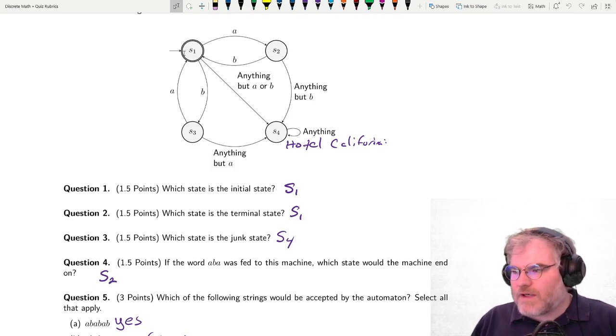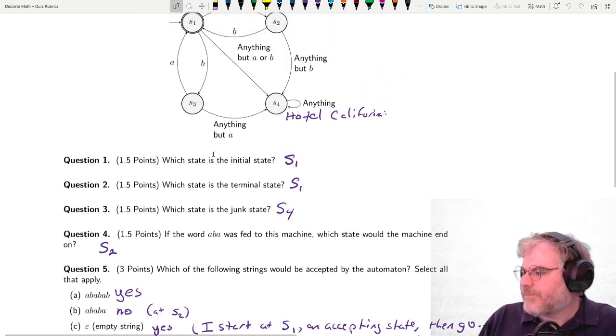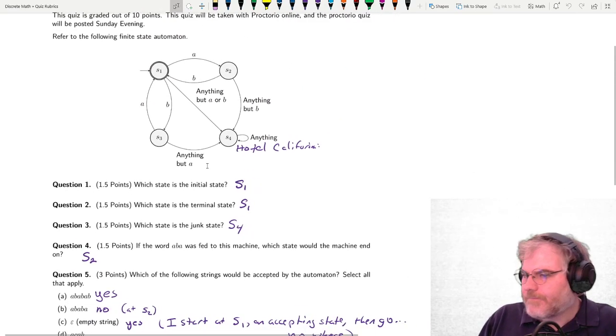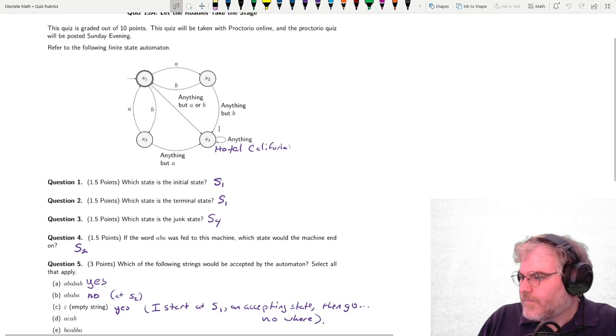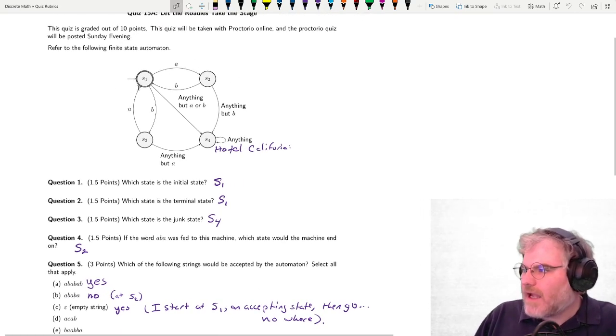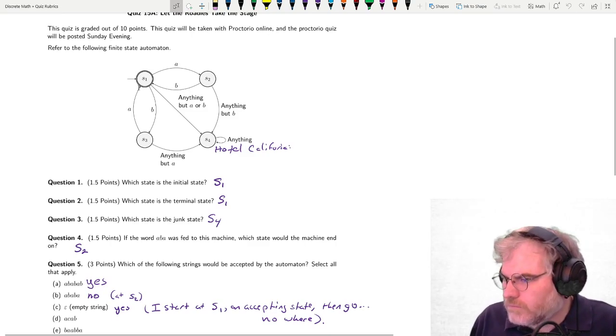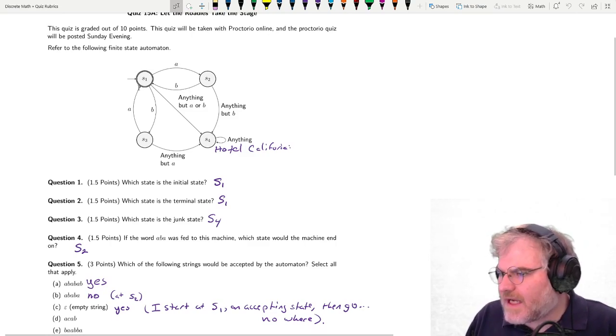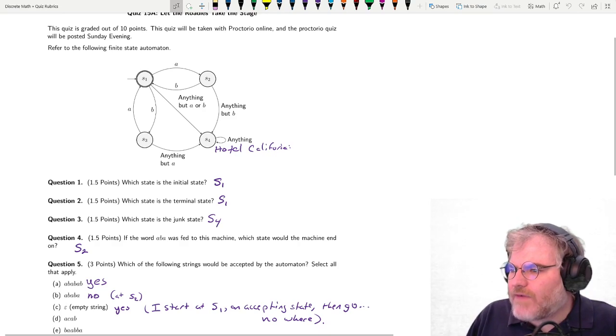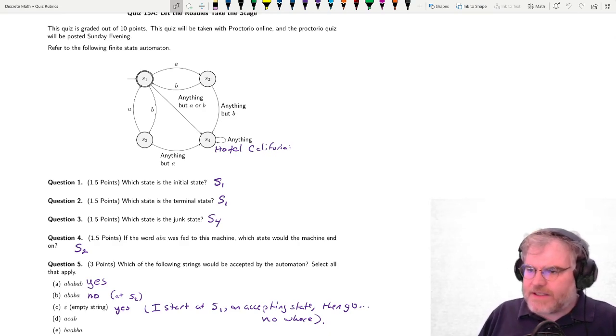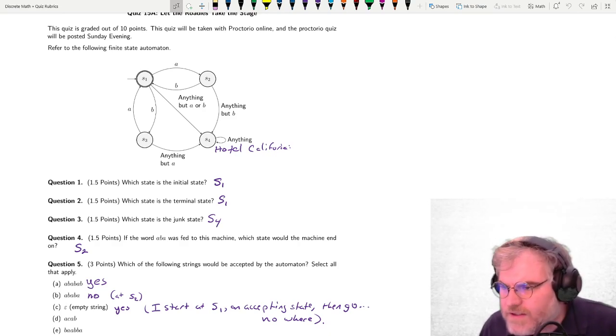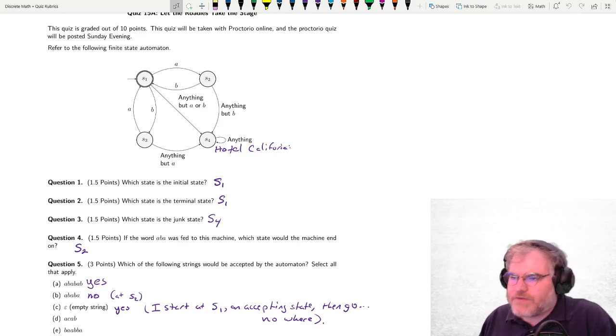So I'm going to accept the empty string. I start here, and then I go nowhere, which means I end on an accepting state. How do we feel about that, 1 to 5? This idea that the empty string starts and goes nowhere. There's nothing to process.